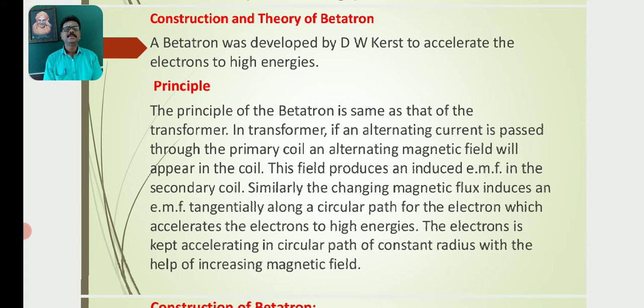Similarly, the changing magnetic flux produces an EMF tangentially along a circular path for the electron, which accelerates the electrons to high energies. The electron keeps accelerating in a circular path of constant radius with the help of an increasing magnetic field. So this is the principle of betatron.